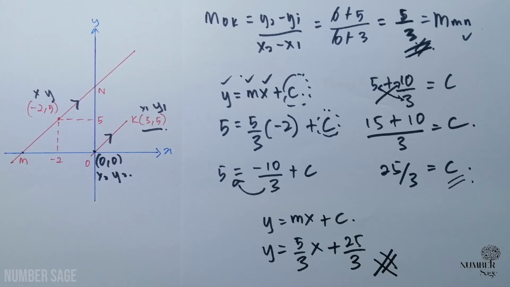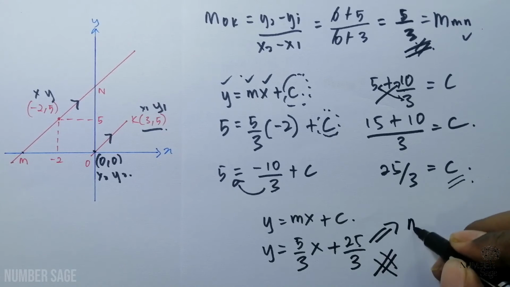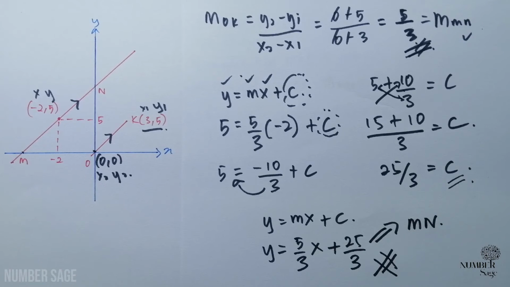This is the straight line equation of line MN. As you can see, we only need this one single formula. By manipulating this formula, we should be able to solve almost all the questions related to straight lines. Now let's go and solve part B.